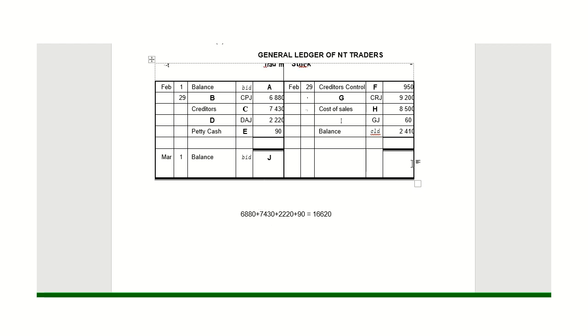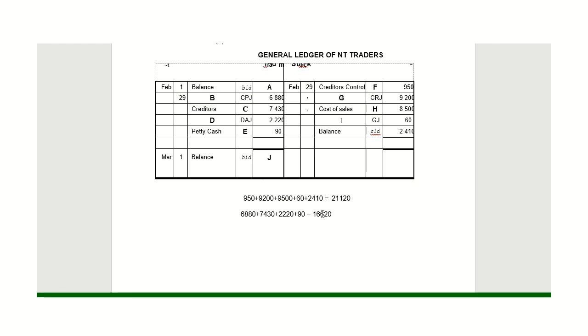If I look at the credit side, all these amounts, let's add them. That was 950 plus 9,200 plus 8,500 plus 60 plus 2410, and that gives me a total of 21,120. So they're not the same.